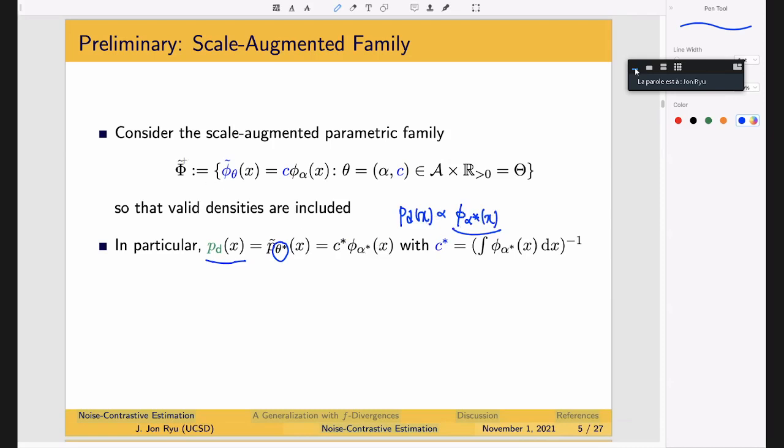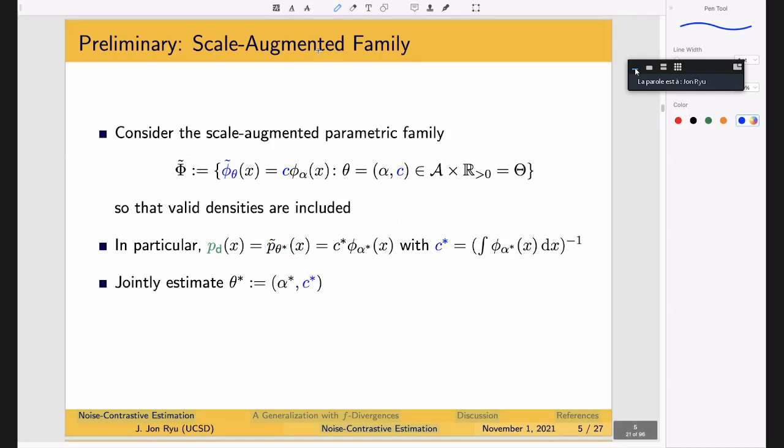And if we augment the scale here, then in this extended family, there is a parameter theta star, which is a pair of c star and alpha star that satisfies this. So this model is still well specified in a stronger sense, right?